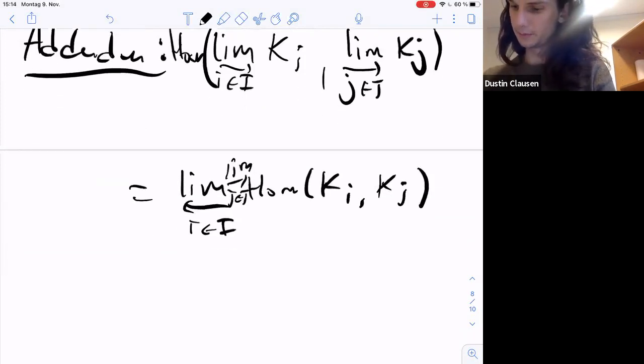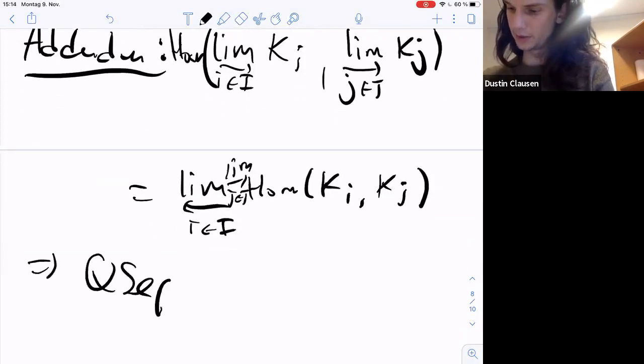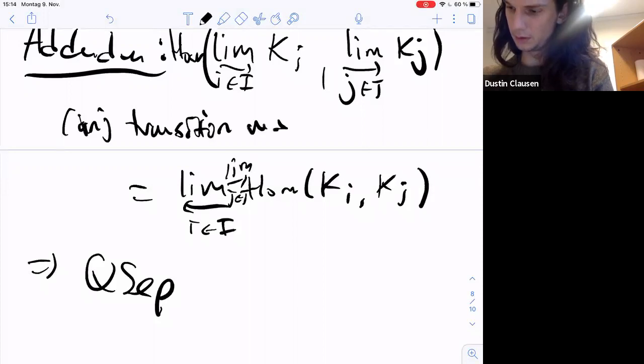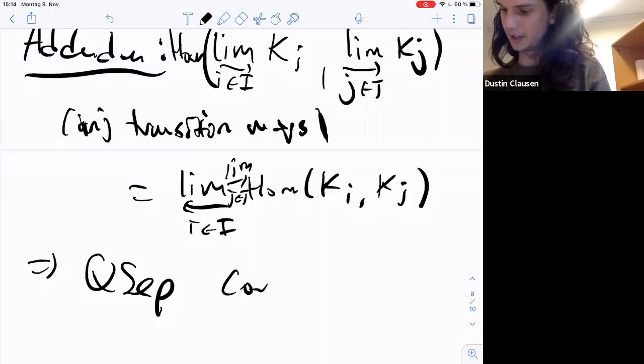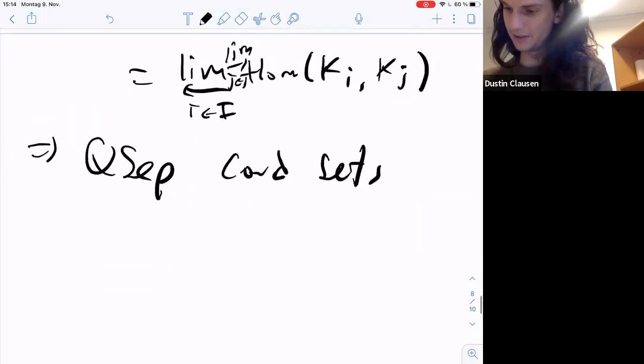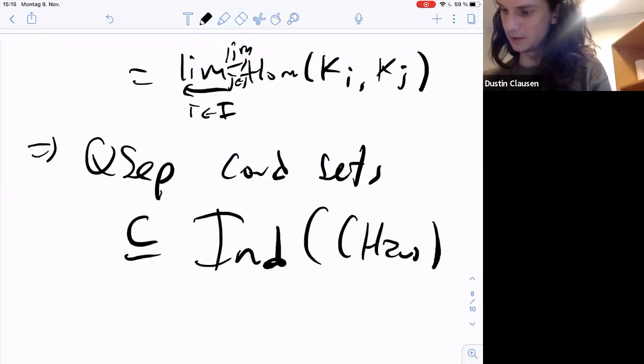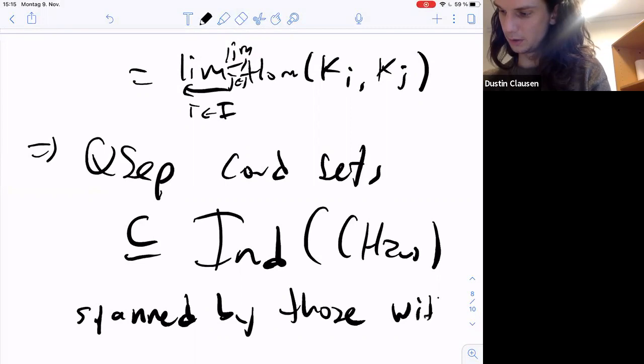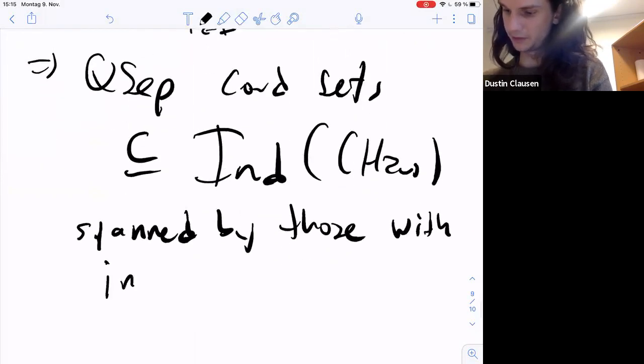So in other words, quasi-separated condensed sets is the full subcategory of compact Hausdorff spaces spanned by those with injective transition maps.